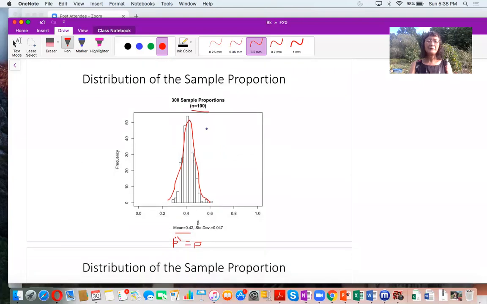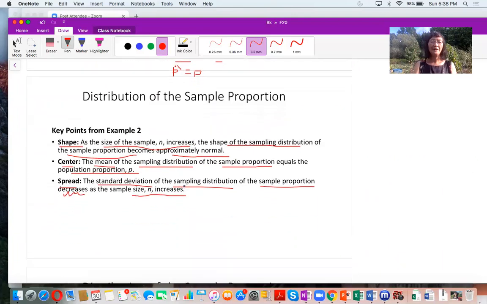And when sample size is 100, the standard deviation is 0.047, it is narrower. So those are the 3 points we get from the simulation with regard to the shape, the center, and the spread of the distribution.